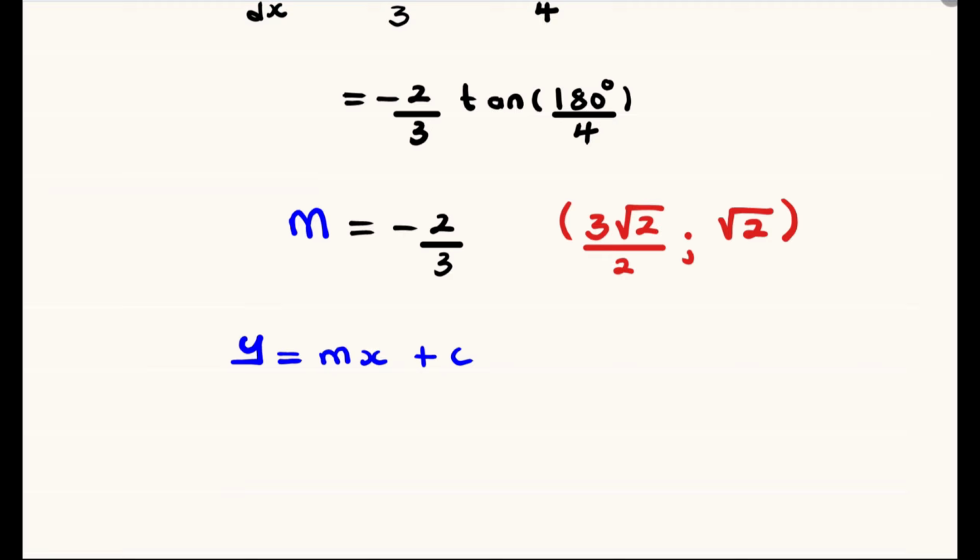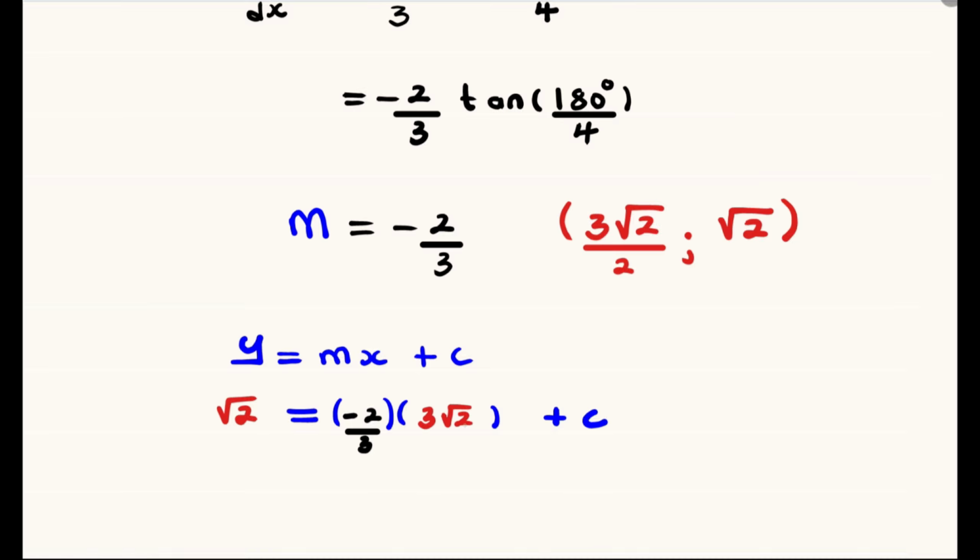Our y-coordinate is equal to the square root of 2, so we substitute the square root of 2 where there is the y, and our m is equal to negative 2 divided by 3, and our x will be equal to 3 times the square root of 2 divided by 2.